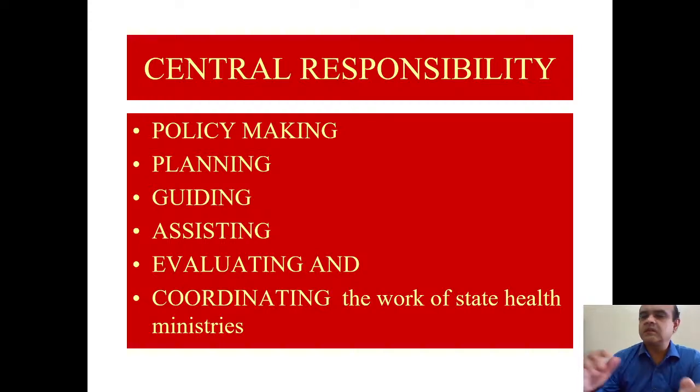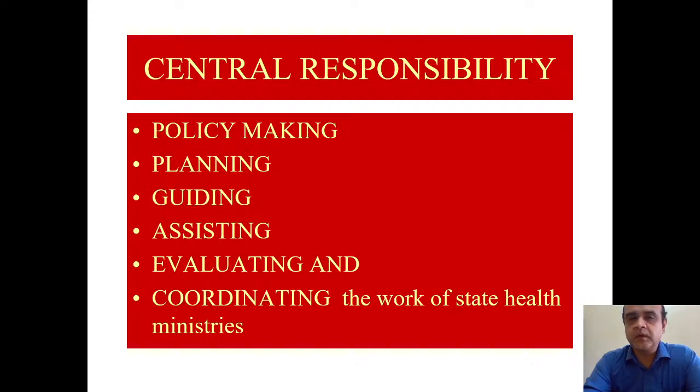The center's responsibility is making policy, planning, guiding, assisting, evaluating, and coordinating the work of the state health ministers. So, when we talk about bodies of the health system, there is the Ministry of Health Care and Family Welfare.